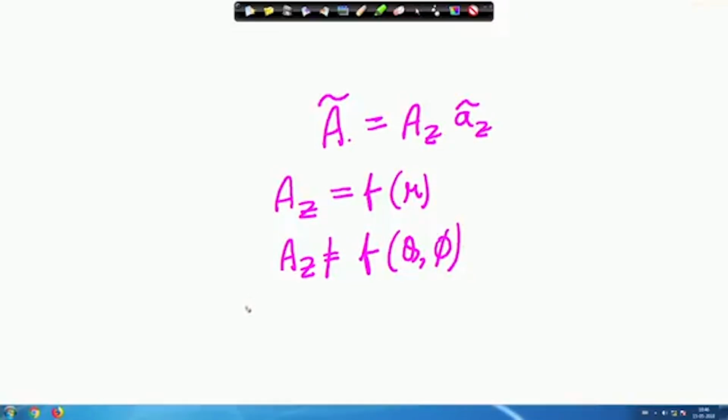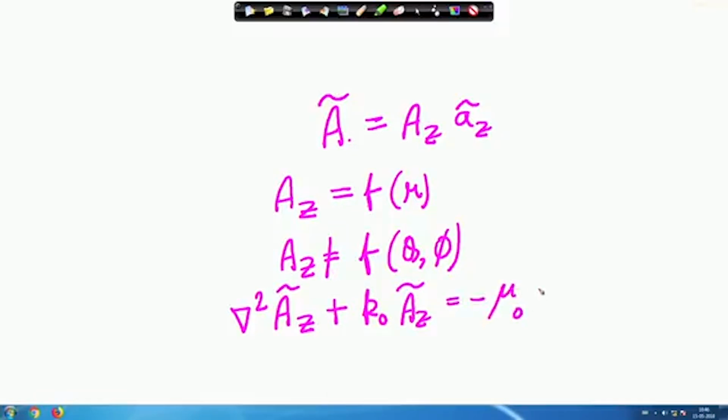So, what will be my equation? The Laplacian equation del square Az plus k naught square Az is equal to minus mu naught Jz. I will have to solve this equation.